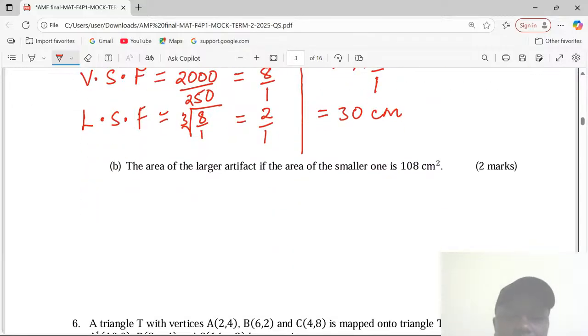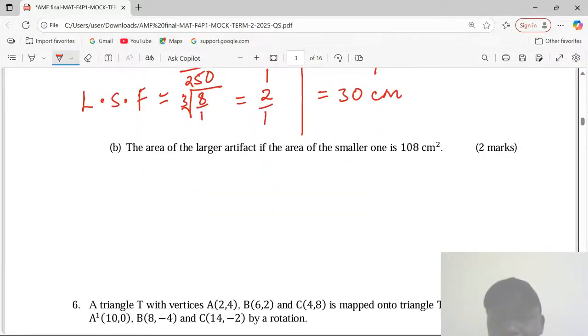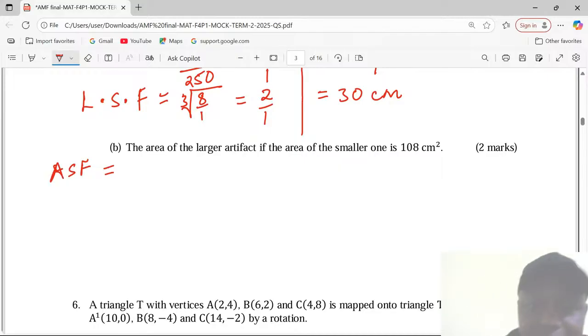Look at the second one. Calculate the area of the larger if the area of the smaller one is 108. We have now to go to what we call area scale factor, because in this case we are relating areas. Therefore, area scale factor is given by linear scale factor squared. This is 4 over 1.